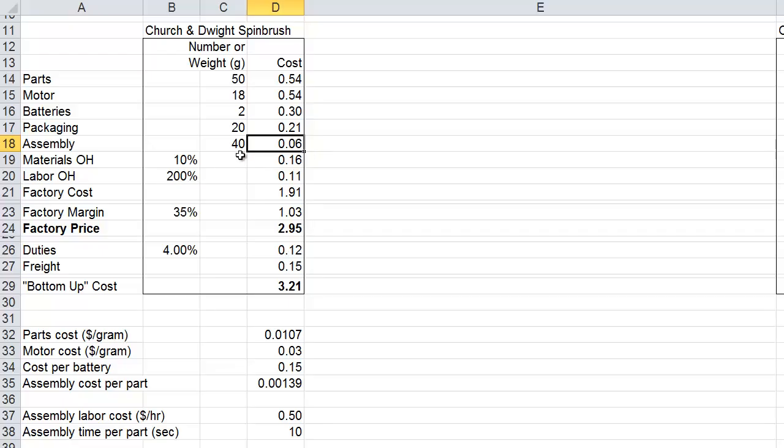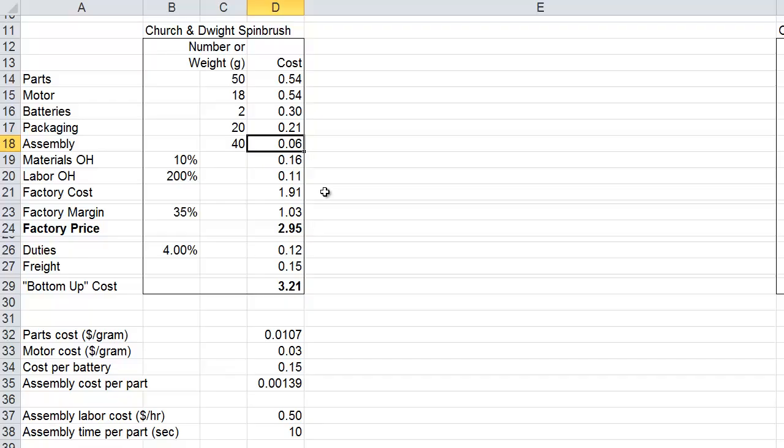And because there are 40 assembly operations, there's about 6 cents of assembly labor. You then apply materials overhead to all of those materials costs. That's an additional 16 cents. You apply labor overhead to that assembly cost number, and that's an additional 11 cents. And that gives us a factory cost of $1.91.